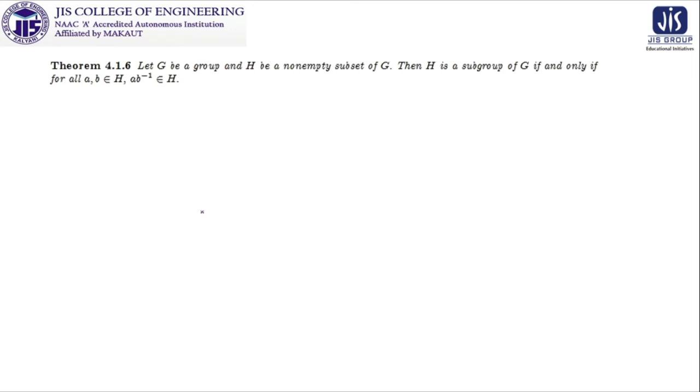Now proceeding further, we have another theorem: let G be a group and H be a non-empty subset of G. The important property for identification of a subgroup, and most importantly you have to observe this line, is that if and only if, that means it is a necessary and sufficient condition for being a subgroup, for a, b in H, a b inverse is also in H. So if you take a non-empty subset H of G, and you take two elements a and b from H, then if a b inverse is in H, it gives you the confirmation that it is a subgroup, and vice versa.